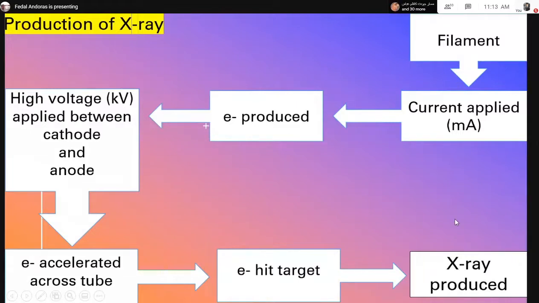So it's an easy process if you can follow it step by step, and you will understand more in the future when we talk about characteristics of X-ray, how X-ray is produced, and types of X-ray produced.